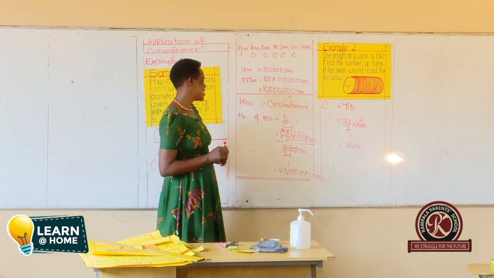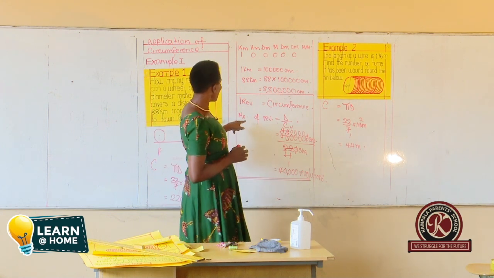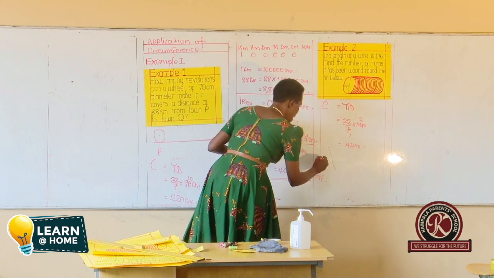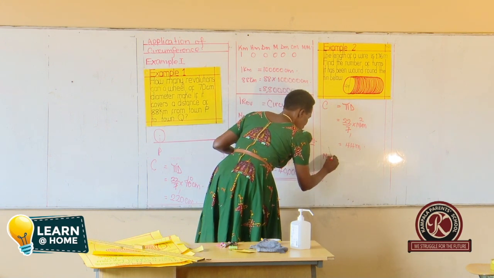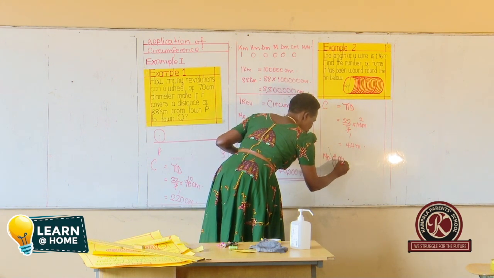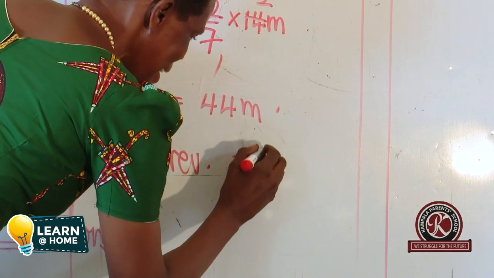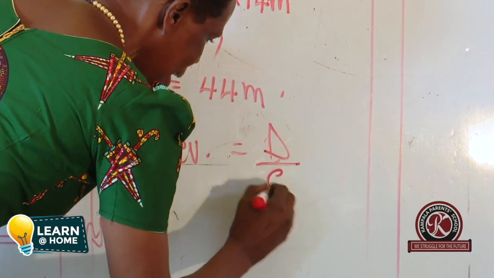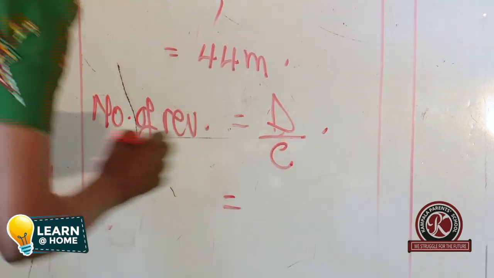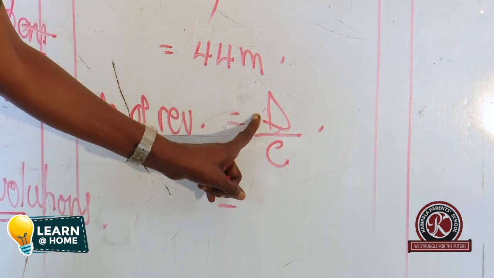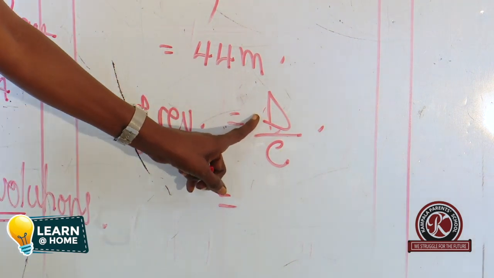Yes, good. We are now going to get the number of revolutions. So we are saying number of revolutions will give us, we divide the distance, the length of the wire.